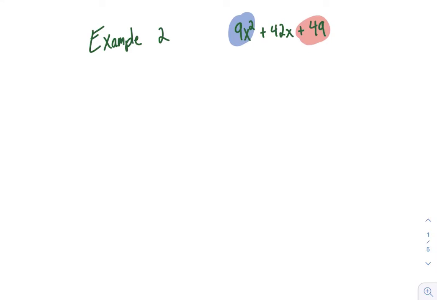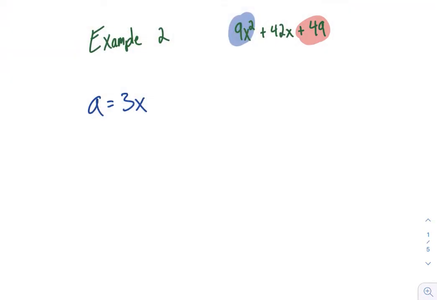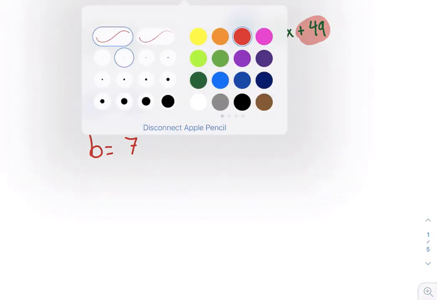Once I recognize that they're perfect squares, I'm not really worried about the middle till I start setting this up. I know the square root of 9x squared is 3x. The square root of 9 is 3, and the square root of x squared is x. And the square root of 49 is 7. I don't have to worry about signs because I already know that one's a plus. I'll worry about the sign in the binomial in my last step.